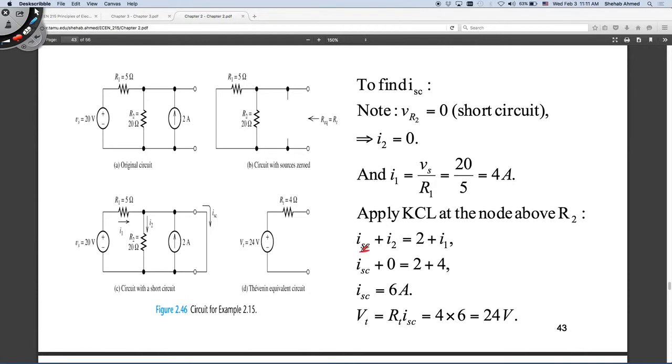I short circuit plus I2 equals 2 amps plus I1. I1 is equal to what? I1 is the current flowing in here, right? I have a short circuit here.